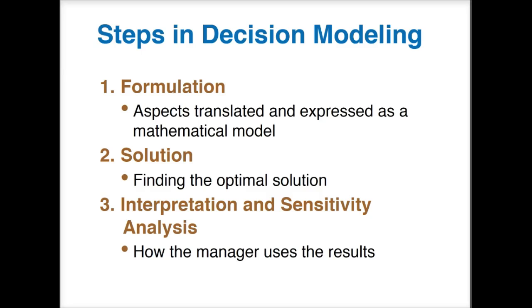Sensitivity analysis is this: now that we have an optimum solution for the variables that we're solving for, we need to know within what range of our various constraints those particular variables or values for our solution actually apply.